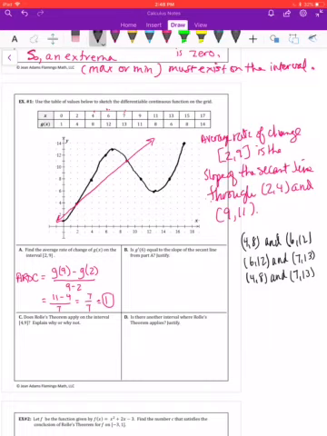Okay, so when the value 6 is in your table, you have 3 choices.